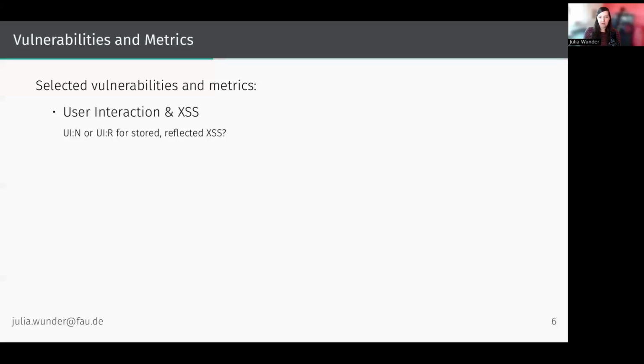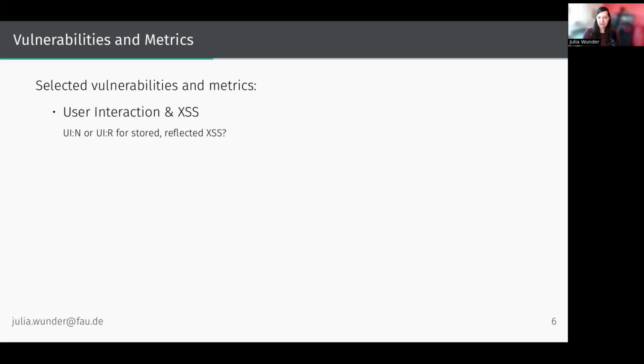So coming to our main study, as I said, the preliminary studies helped us to identify pairs of problematic vulnerability types and metrics we investigated further. The first pair is the user interaction metric and XSS vulnerabilities. The user interaction metric indicates if a user has to be involved when exploiting a vulnerability or not. So it can be none or required.